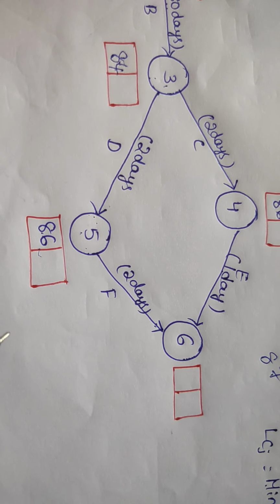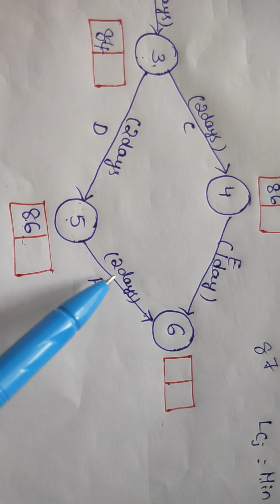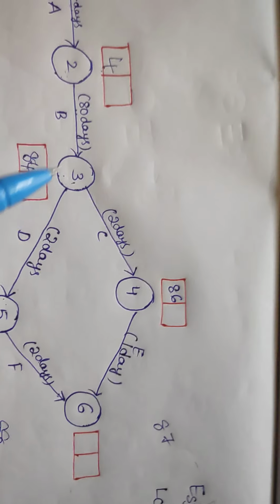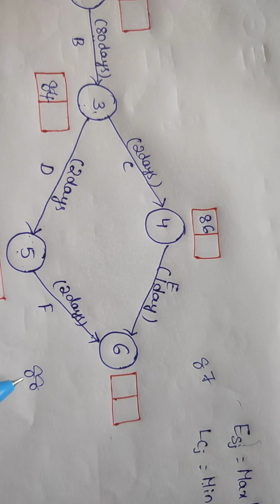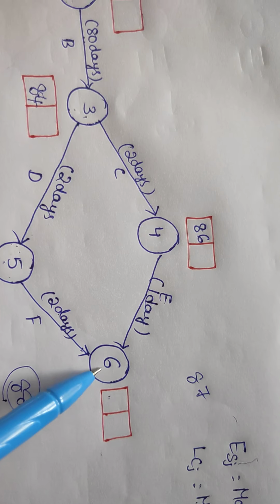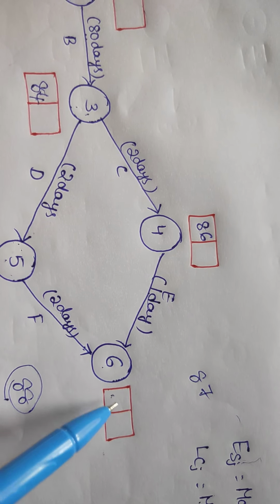Next, 86 plus 2, total 88 days. So when we are in a forward path, we have to consider the maximum value, that is 88, in this sixth event earliest starting time.